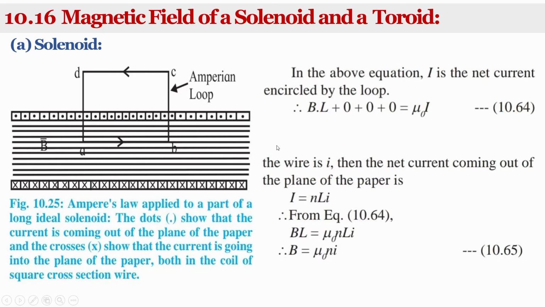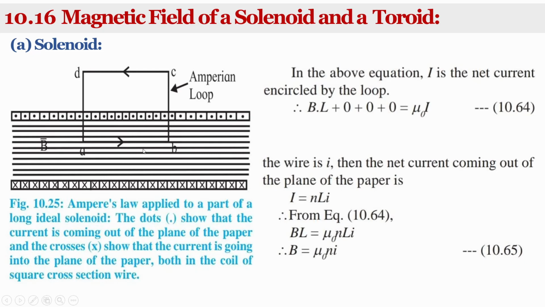Then we write the equation for B dot dl, starting with the first value, that is for AB.